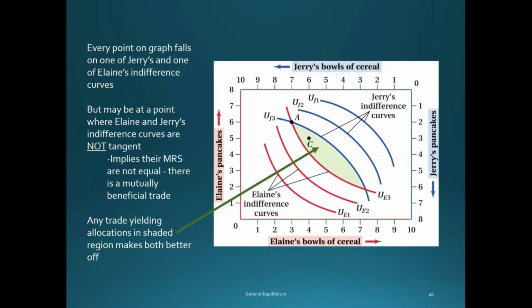It's the rate at which Elaine is happy to trade off one of the goods for the other. So you have exchange efficiency when the indifference curves have the same slope at that point and are just tangent, which means that the marginal rate of substitution for Elaine is exactly the same as the marginal rate of substitution for Jerry.